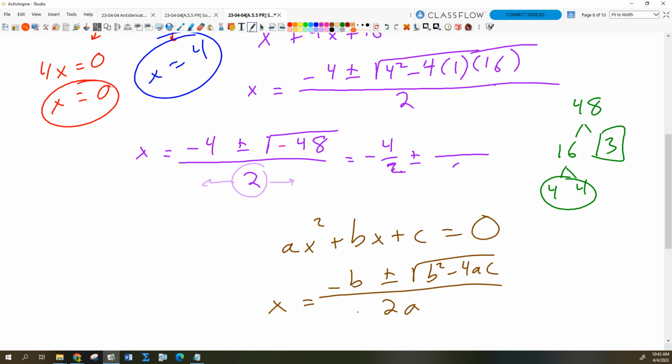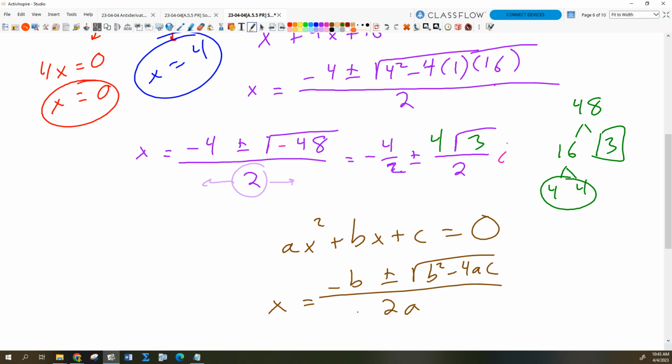I got a 2 on the bottom. I get an i outside. And what's going to happen here? Couples go out, so I get a 4 outside. 3 is a single, so that stays inside, right? And then the last thing I would do is just reduce those fractions, and I got it.